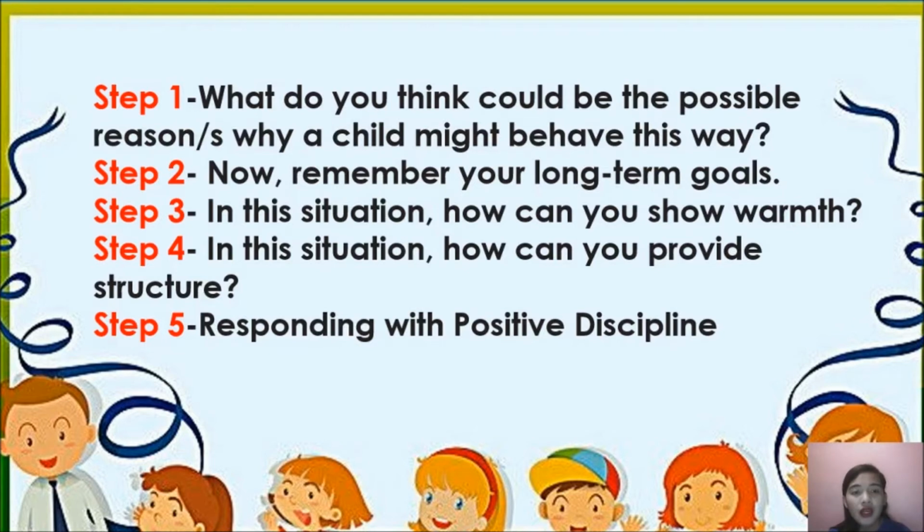Step 2, now remember your long-term goals or your aim for that behavior. Third, in this situation, how can you show warmth, your love, your care? Number 4, in this situation, how can you provide structure? And step 5, responding with positive discipline.